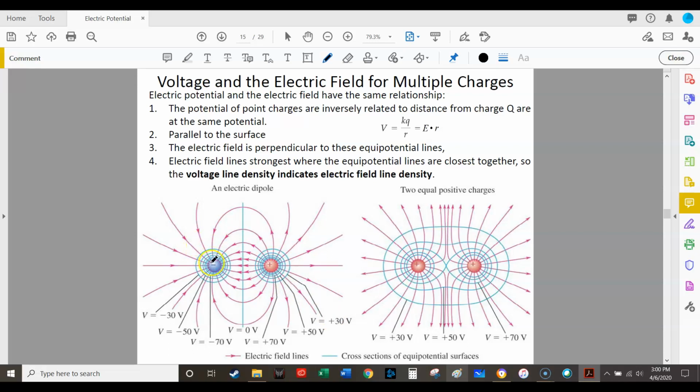On the left hand side, this will be a negative voltage area, and the electron will have, I'm sorry, its lowest voltage close to the electron, and then drop off to 0 further away. When you have two protons close together, you have like charges, and their voltages will actually add up.